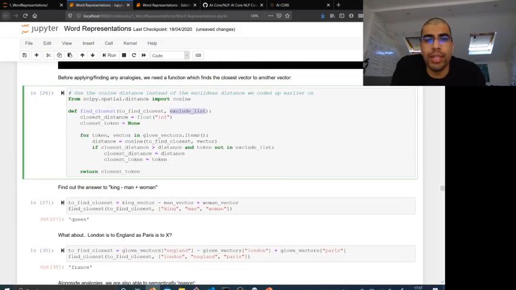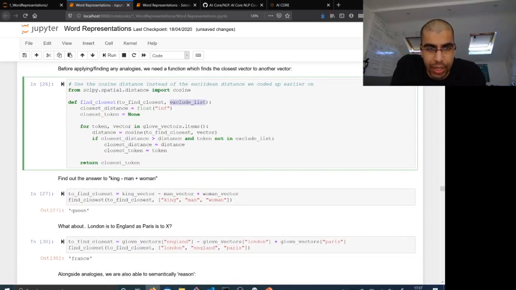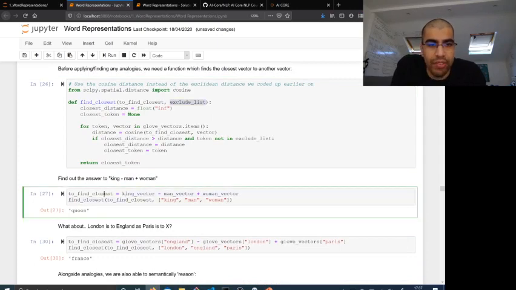The exclude list is just there to say these are the vectors, the king vector, man vector, and woman vector for example, that we don't want returned. If the vector closest to this vector is either king, man, or woman, this isn't the answer we want. We want an answer which isn't in the question we're asking.